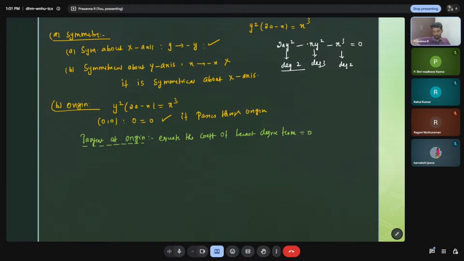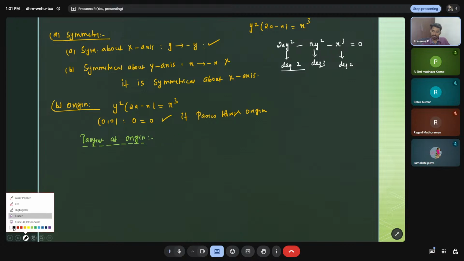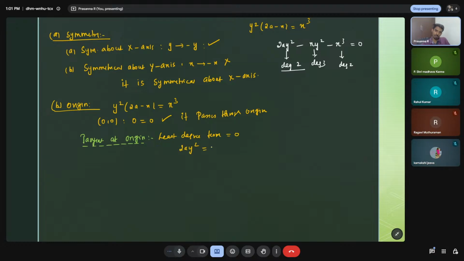So the least degree term is 2a y square.